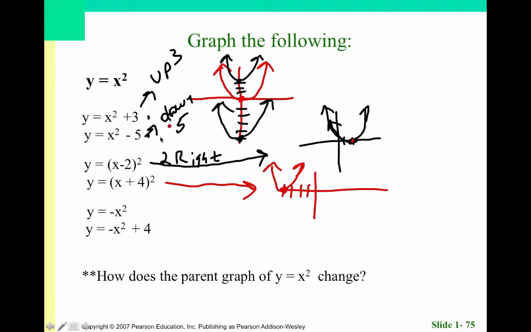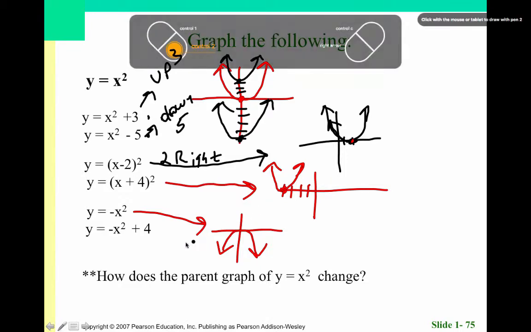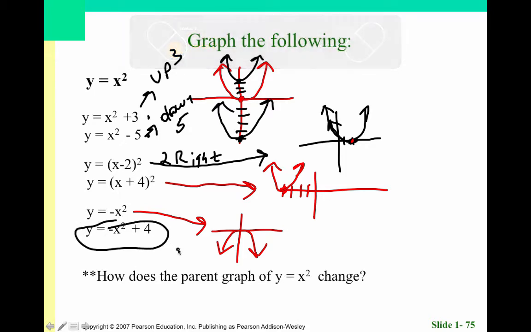If you remember, if I negate all of these values, then we are going to open downwards. A negative in front of the function is going to reflect it over the x-axis. And then one like this. How are we changing the parent function?